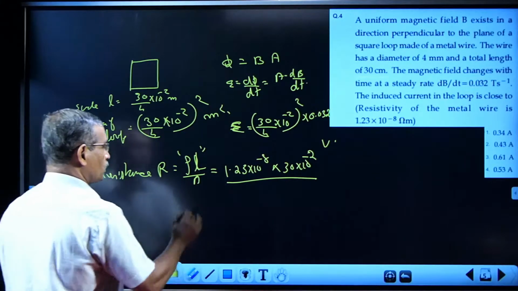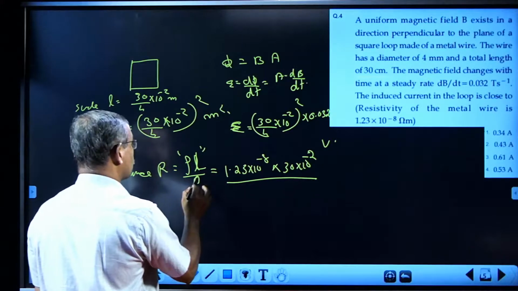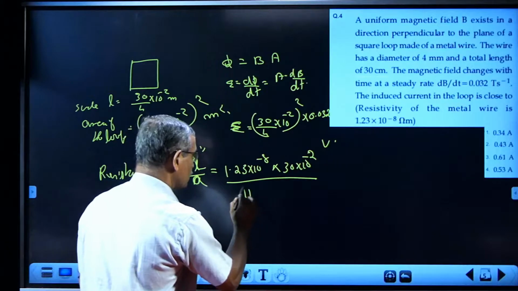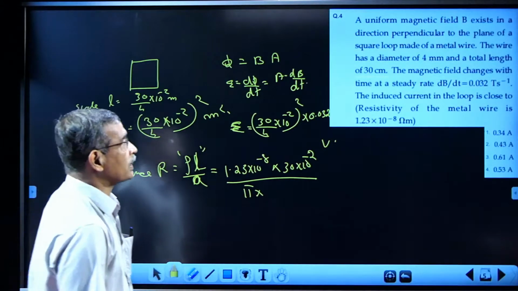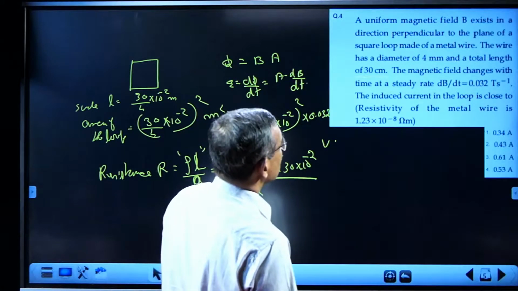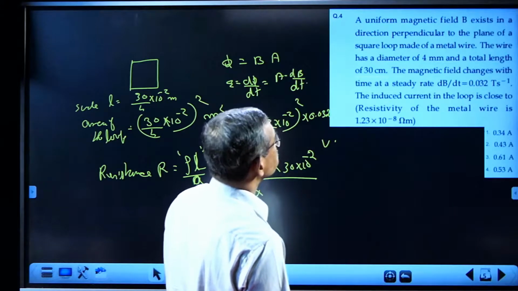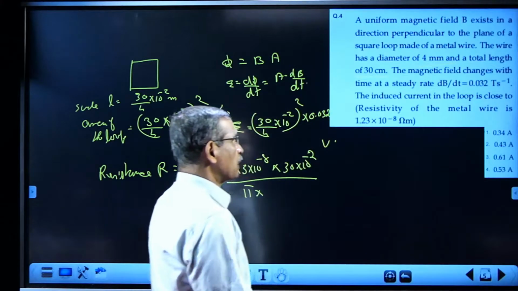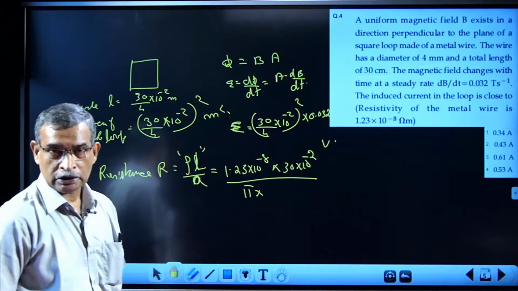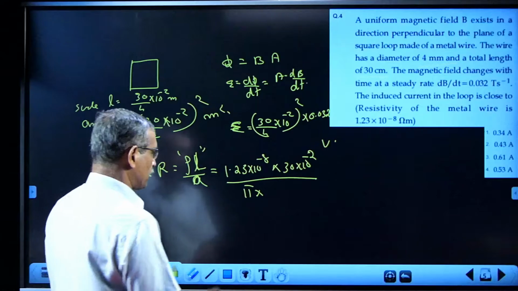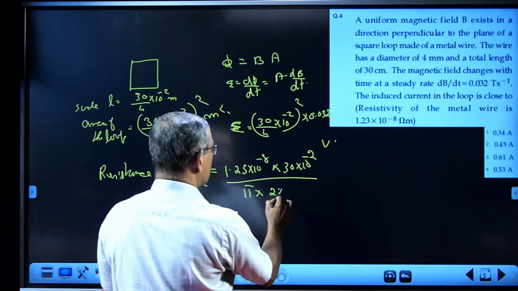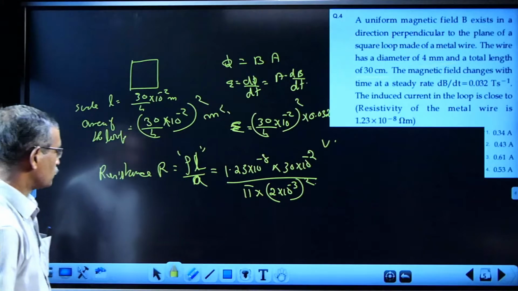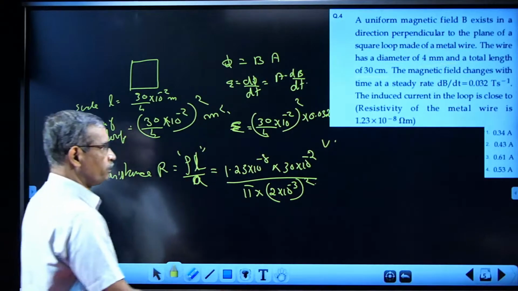Area of the wire is given by π r². Diameter of the wire is given as 4 millimeter. Therefore, radius of the wire is 2 millimeter. Therefore, the cross-sectional area of the wire is π (2 × 10^-3) squared. So this is our R, so much ohm.